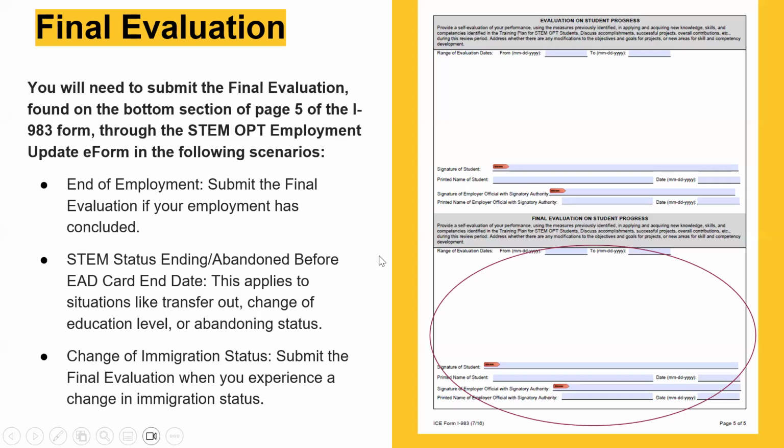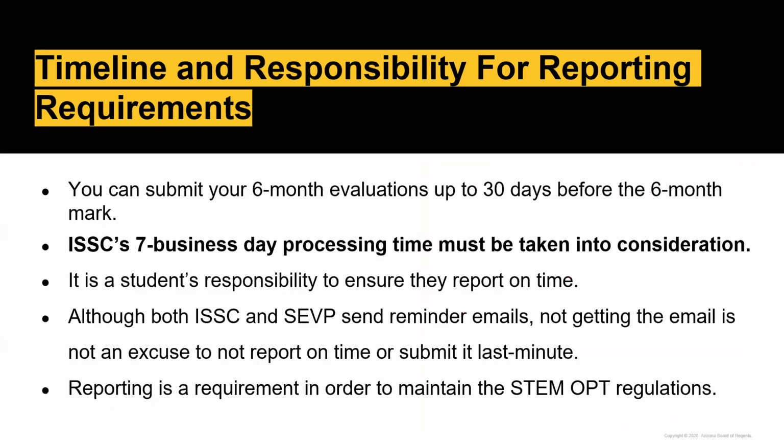And again, just highlighting change of immigration status: if you're going to be continuing working, even if you're in the same position, but you're on a work visa, or on permanent residency, whatever the new status may be, you still do need that final evaluation as well.